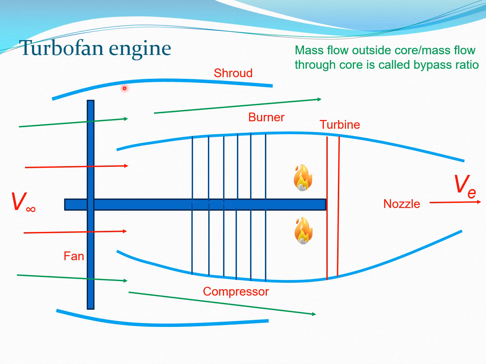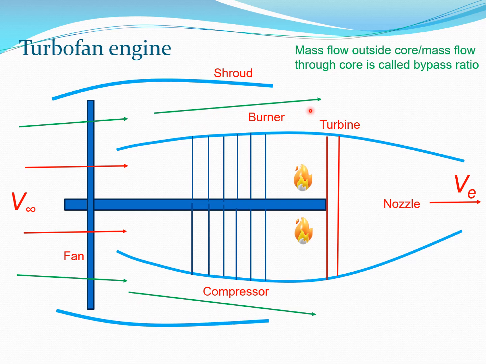Now let's look at the turbofan engine case, and here you are seeing that some of the air is actually thrown out from these locations here. There is a location between the shroud and this casing, and so air is going to go off here.